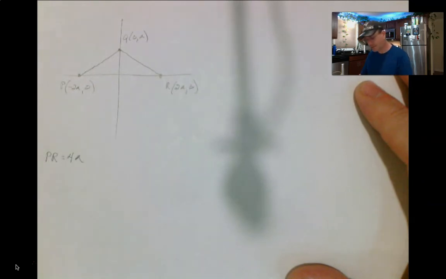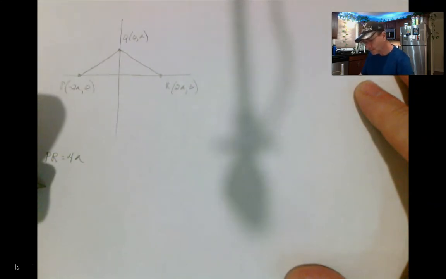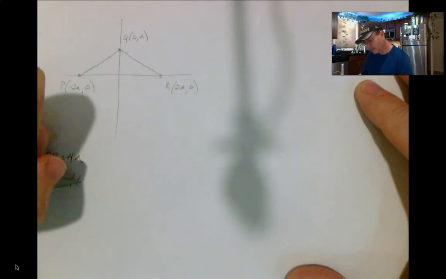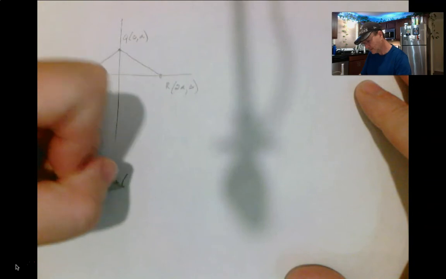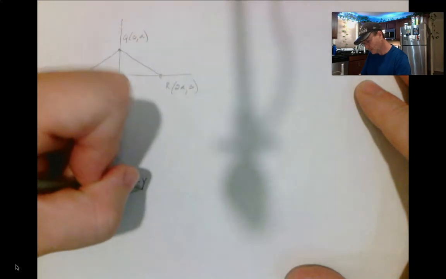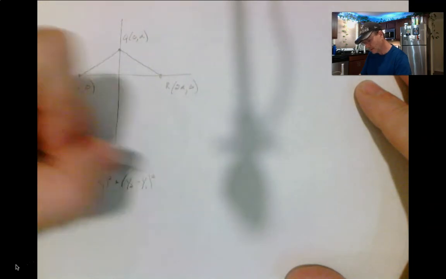Let's do a distance formula. So QR, Pythagorean theorem and the distance formula are exactly the same. QR is square root x2 minus x1 squared plus y2 minus y1 squared.